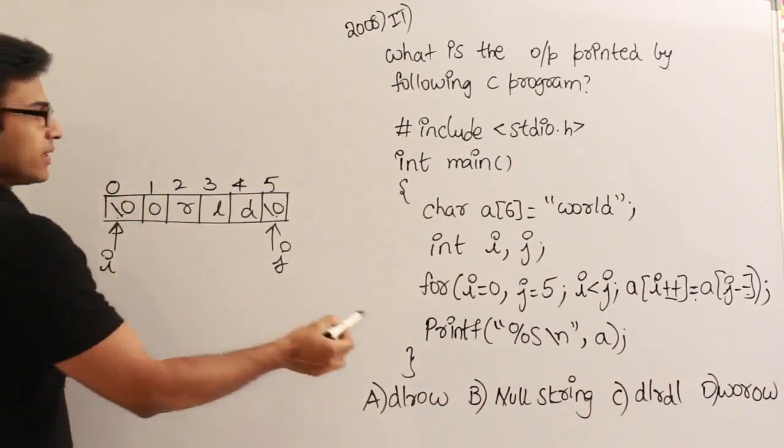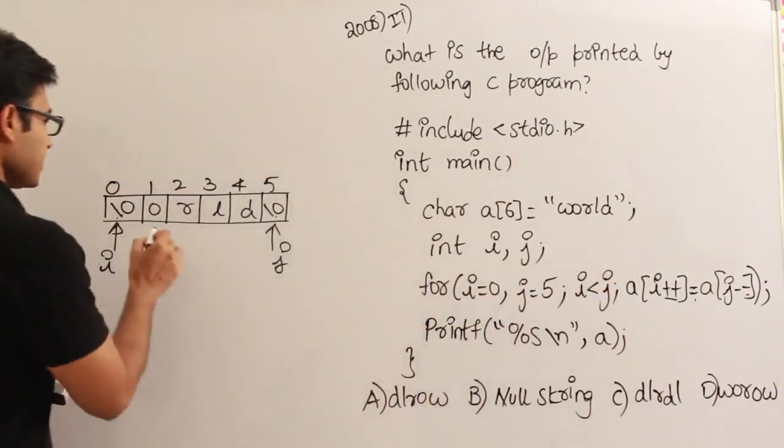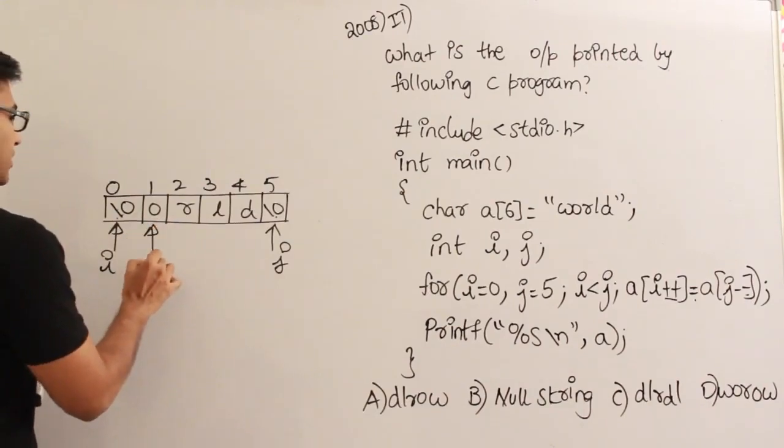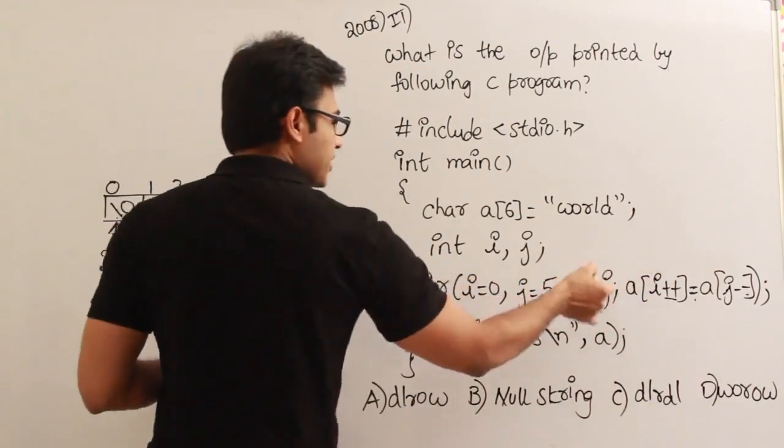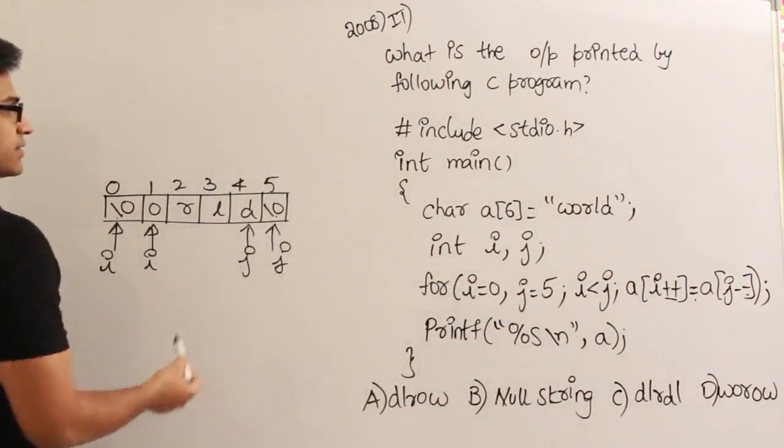And then i++ and j--, which means i will move here and j will move here. Again the condition will be checked: i less than j, yes, it is true.